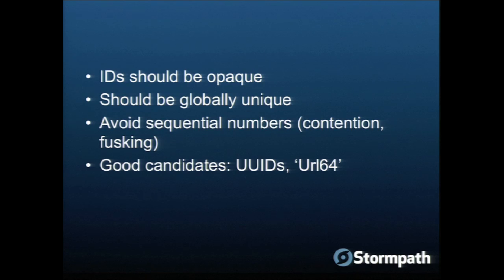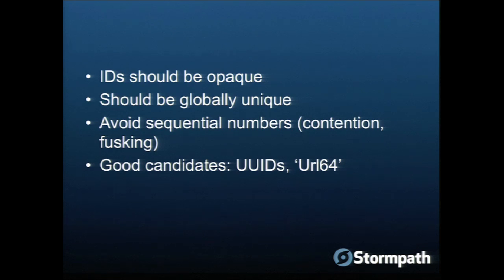The first reason is really a contention issue. If you're in a clustered distributed API service, you've got multiple web servers all trying to create IDs at the same time, you basically have to have a single source for that identifier, or a single number or sequence generator. That could be a point of contention depending on the load on your system.